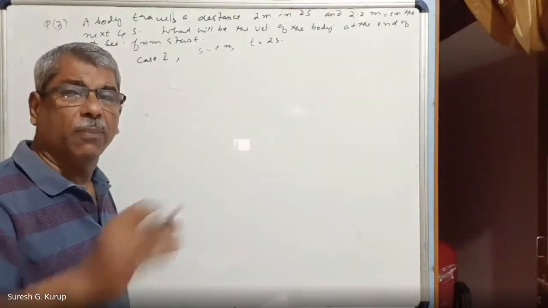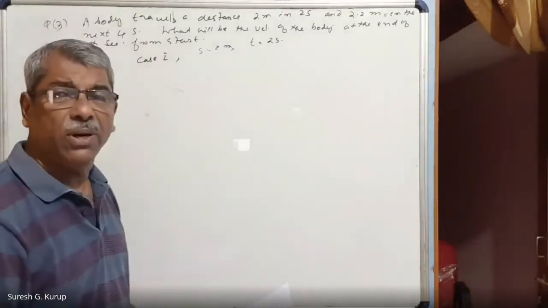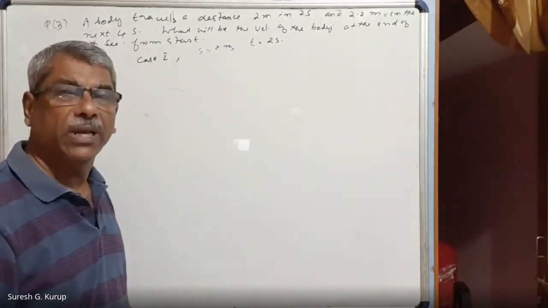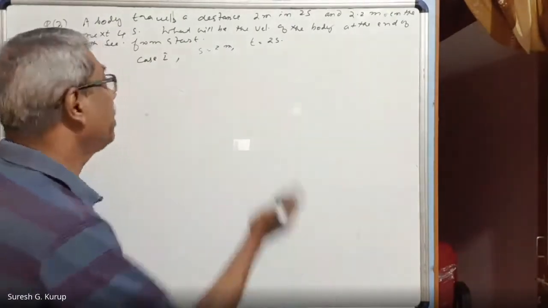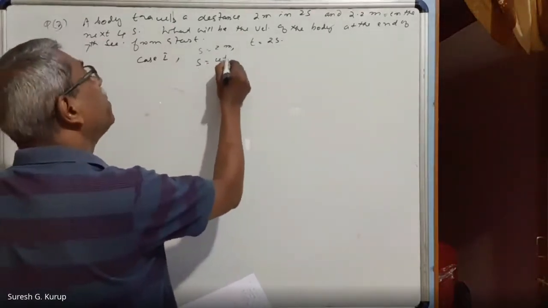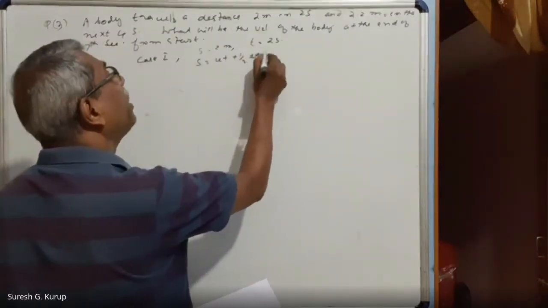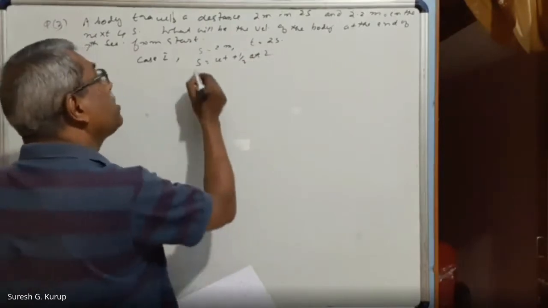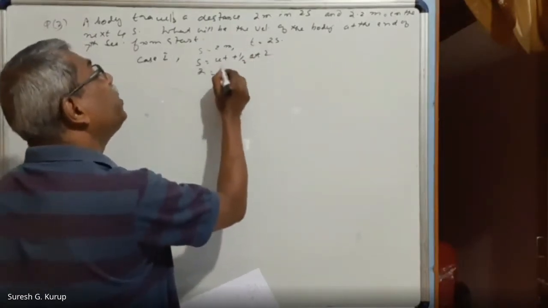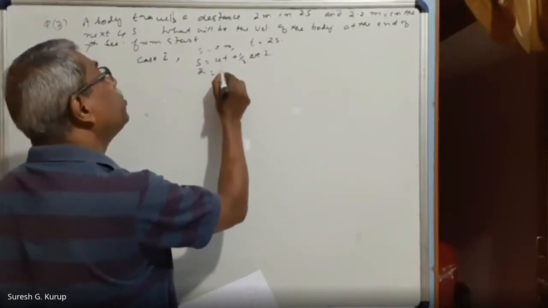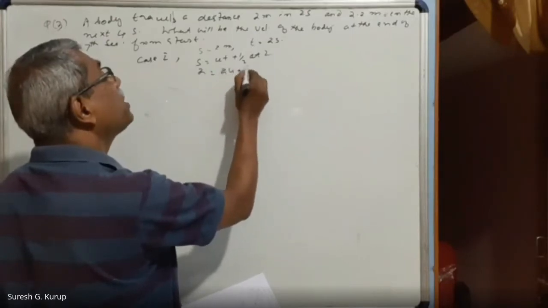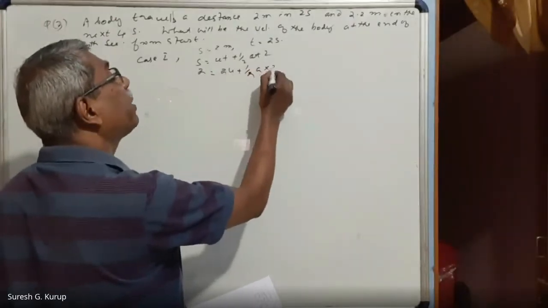So apply the relation for displacement and time, that is S is equal to ut plus half at square. That is equal to u into 2, that is 2u, plus half into a into 2 square.